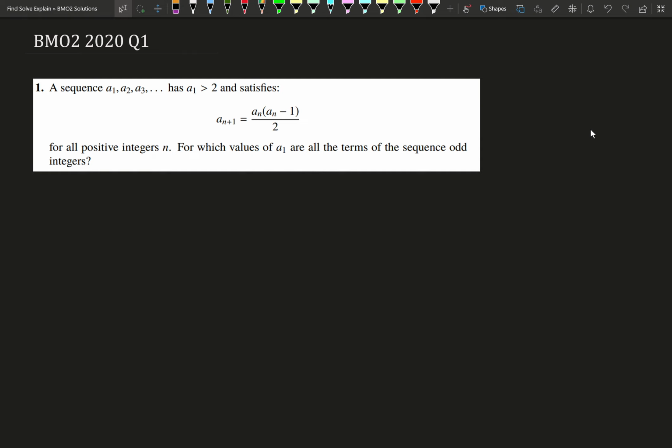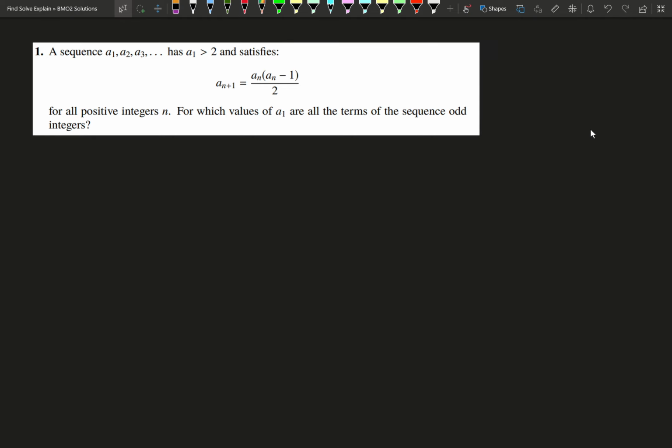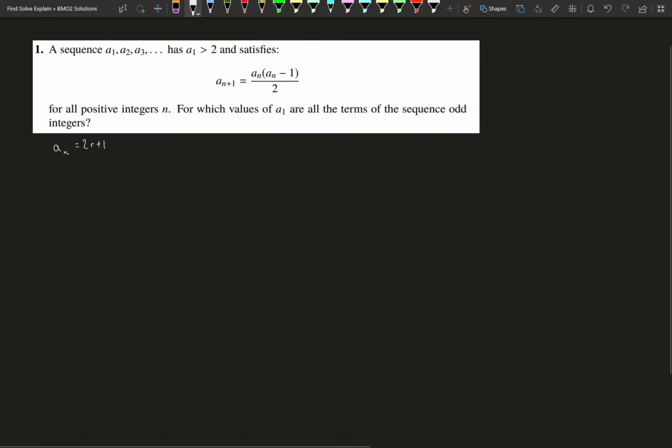So, what I'm going to do is assume that all of the terms of the sequence are in fact odd. So we know that An is odd and A(n+1) is odd. So let An equal 2r plus 1, where r is a positive integer.